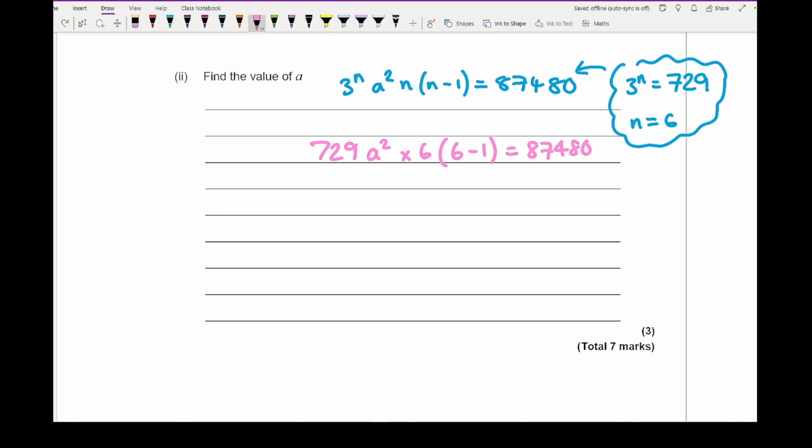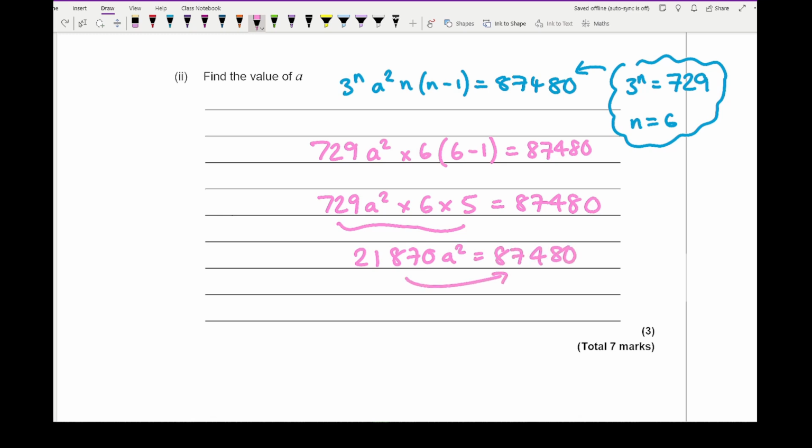So we end up with 729 a squared multiplied by 6 multiplied by 5 equals 87480. If I simplify all of this, reaching for my calculator, 729 multiplied by 6 multiplied by 5 gives me 21870 a squared equals 87480.